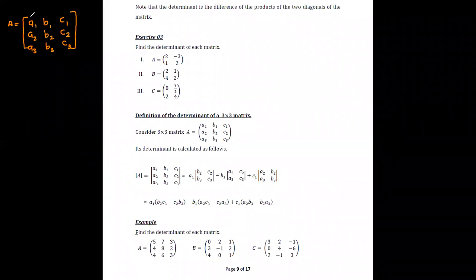If you need to get the determinant of a 3 by 3 matrix, first we need to write down the elements inside the notation. A1, B1 with C1, A2, B2 with C2, A3, B3 with C3.